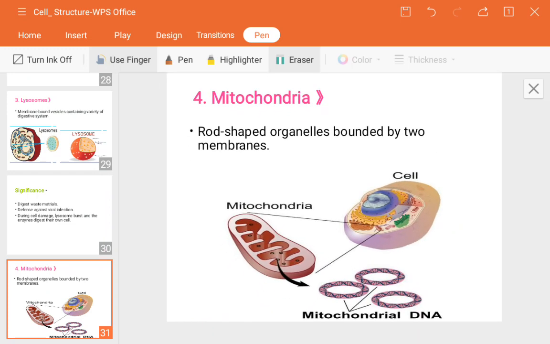You can see where it is present, just beyond or nearby the lysosome and Golgi apparatus. Just there they are present.